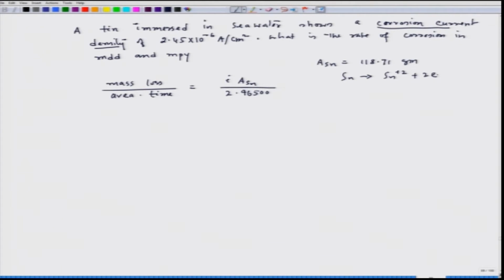So, that means n becomes 2, and I is in ampere per centimeter square, A Sn is in gram, 118.71 gram, divided by, and here I can put the value 2.45 into 10 to the power minus 6, n is equal to 2 into 96500 coulomb.